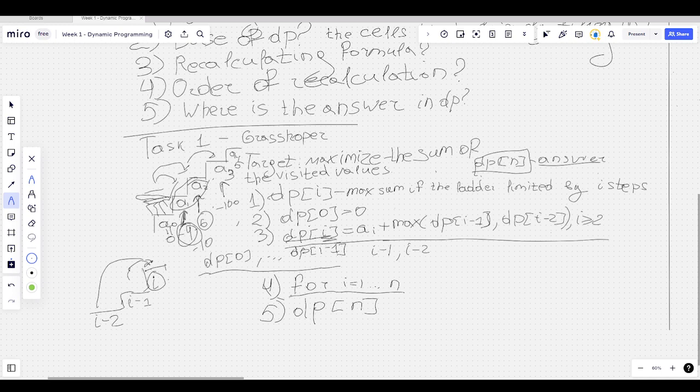But notice that it's not a bad solution if we take this example, because he takes -4, then he takes -6, then he takes 5, but he can take -6, then -5, wait, then 5, and it will not be the best solution.